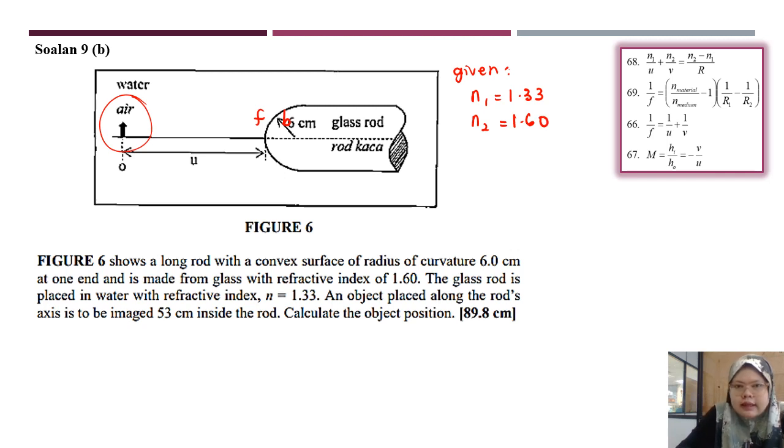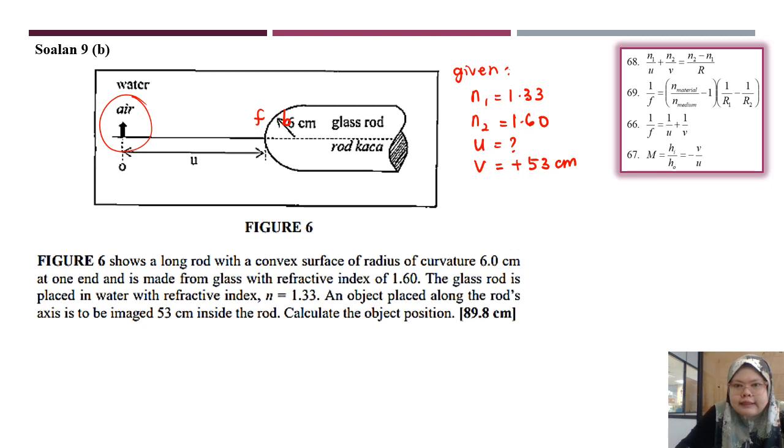We want to find the object position, so U we don't know. Our V is inside the rod, meaning the opposite side from the object, so it is a real image. So V is positive 53 cm.